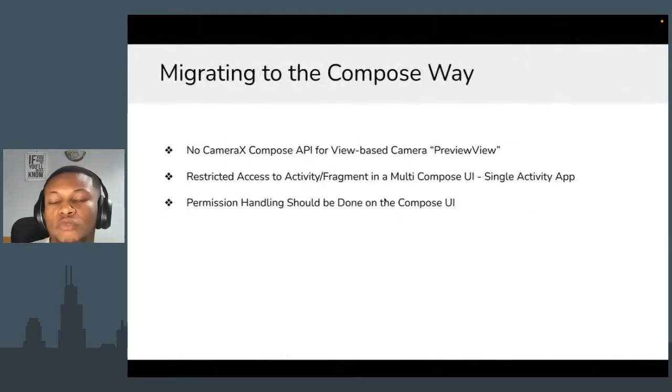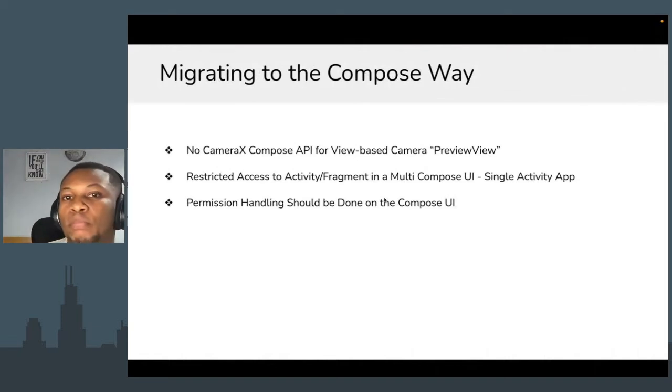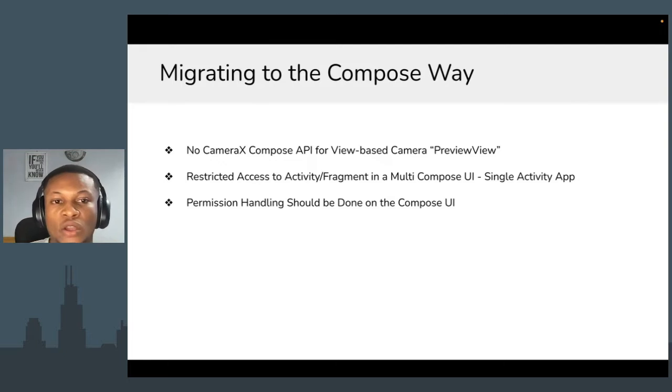So if we want to do this in a compose architecture, what are the limitations that we're already seeing? Number one, we don't have a Compose API for the view-based preview that we just mentioned.